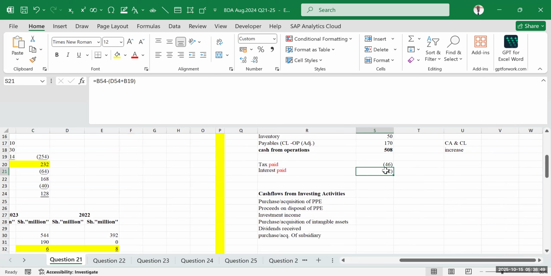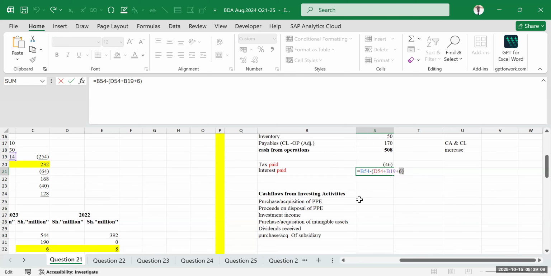So when we come to the interest paid, in this approach of starting with a closing balance and then adjusting the opening balance, we must also adjust by recognizing the 6 million, which is an adjustment to recognize interest charged on the finance lease. That is how we need to do that adjustment.